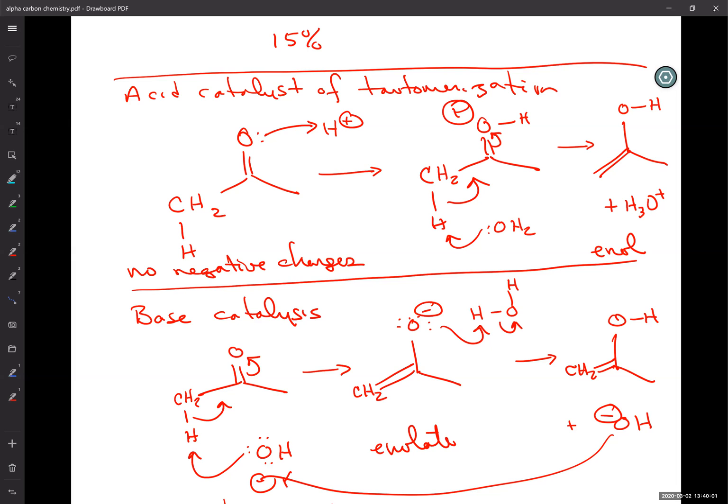And then down here, by taking the hydrogen off, it comes up to here, puts a negative charge. So the base speeds up this reaction by pulling this hydrogen off. So the first step gets sped up in both.